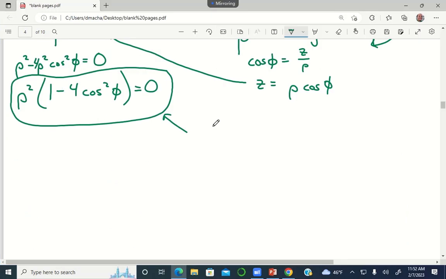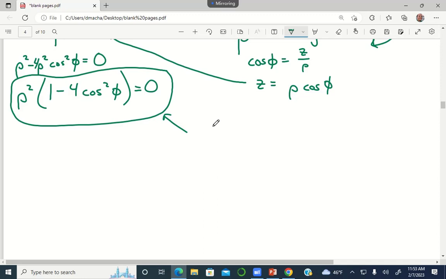The only way that the left side of this equation could be equal to 0 is if rho is 0, which is boring, that's just the origin, or phi is such an angle that cosine squared is 1/4. So that means phi, the angle, has to be fixed.